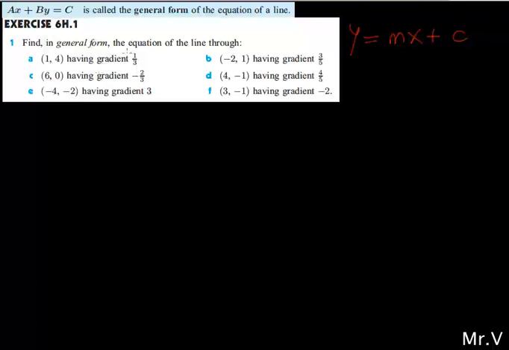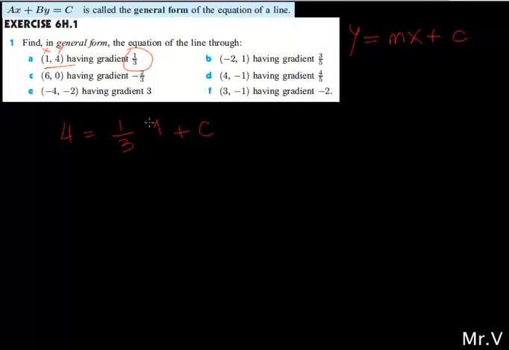So the first thing that we want to do is to work with this equation. We have the gradient and we have a point. As you worked it before, you just need to find the y-intercept, and to do that you redo the steps that we learned. I'm going to use the value of y, that is 4, equal the slope, the value of x in this case is 1, plus the unknown term, that is my y-intercept.